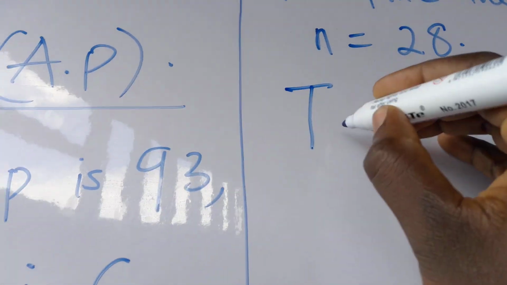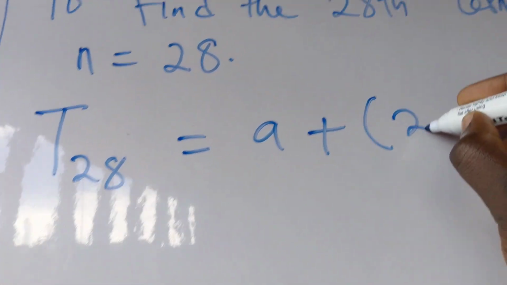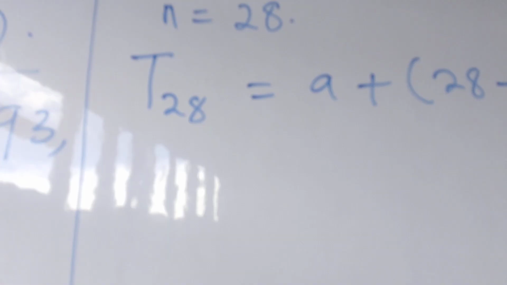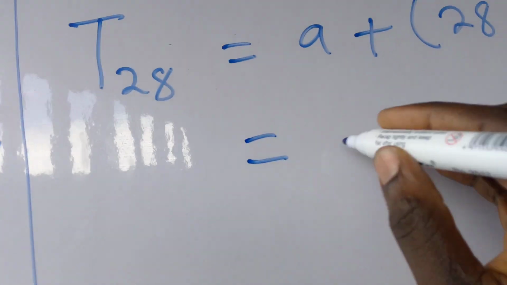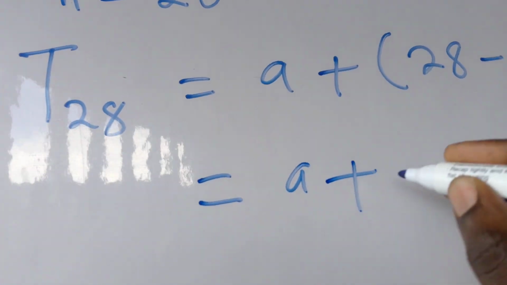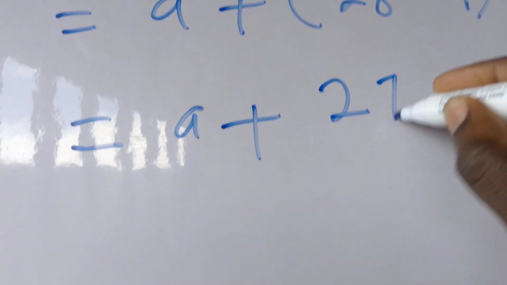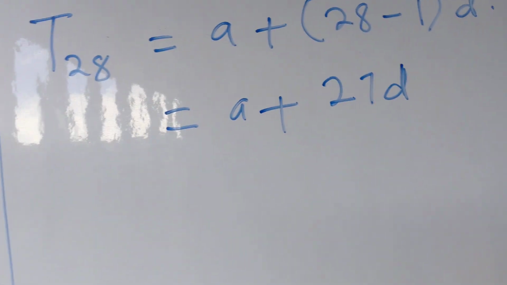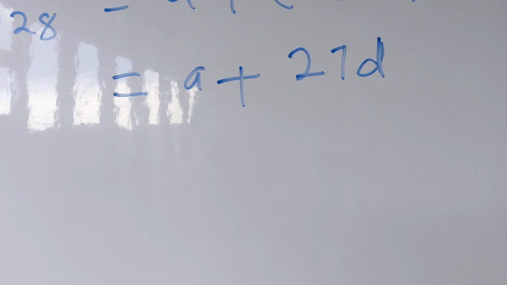This becomes T28 equals A plus 28 minus 1 times D. A plus 28 minus 1 gives you 27, that is plus 27 multiplied by D, that is 27D. So we are having the 28th term as A plus 27D.